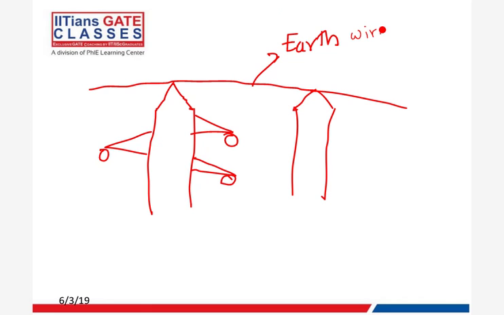Even if a lightning bolt comes, this line is connected to the towers and actually connected to ground. So if lightning comes, it will hit this line and go to earth instead of hitting our transmission lines and causing over voltages, right?